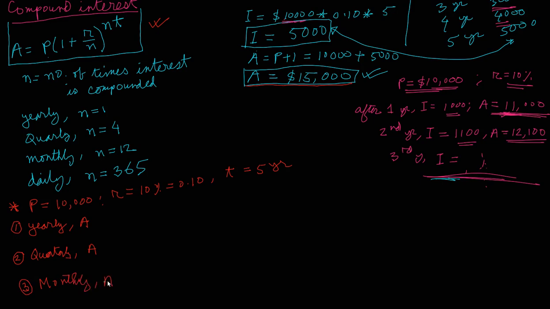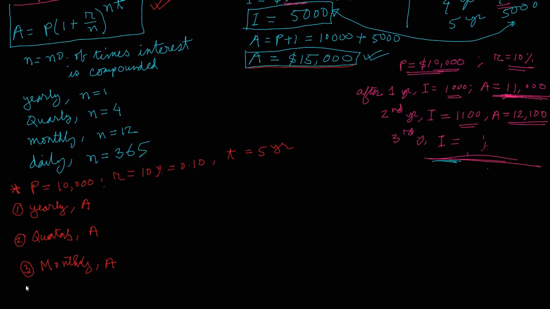Also I need to find out how much money John has to pay back if interest is compounded daily. And same, I have to find A. Just to remind you, for yearly n is equal to 1, for quarterly n equals 4, for monthly n equals 12, and for daily n equals 365.